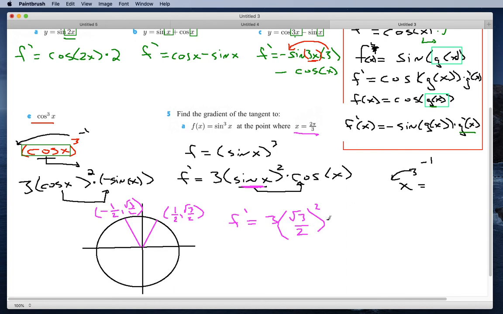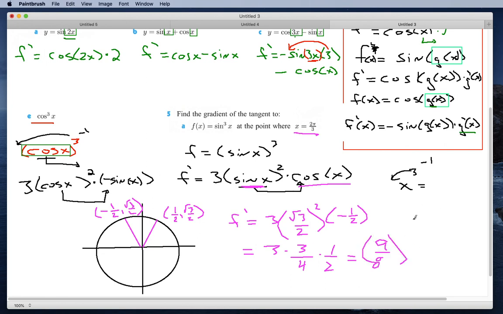So that's going to multiply by cos of 2 pi over 3, which is negative 1/2. So this could be a paper 1 question. You have to know your unit circle. So in the end, what you have is 3 times 3 over 4 times 1/2, which gives you 9 over 8.